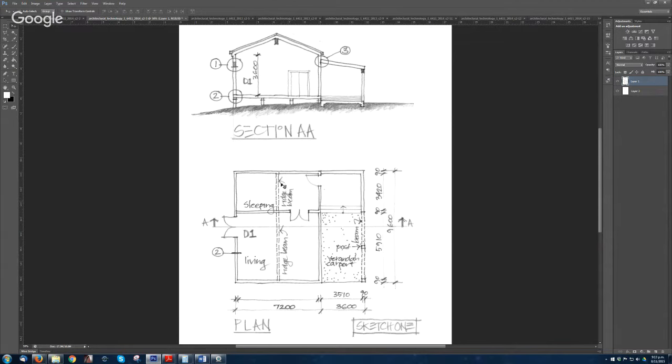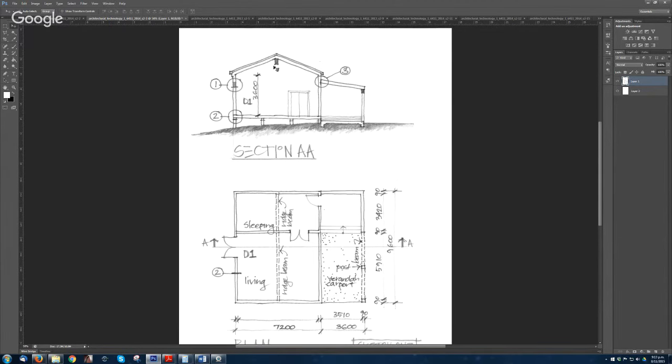To size it, you need to know what's the load that is carried by that ridge beam. So the ridge beam carries the rafters, but because this rafter here, the load is shared by the ridge beam and the wall. So the load that it carries is only half of it.